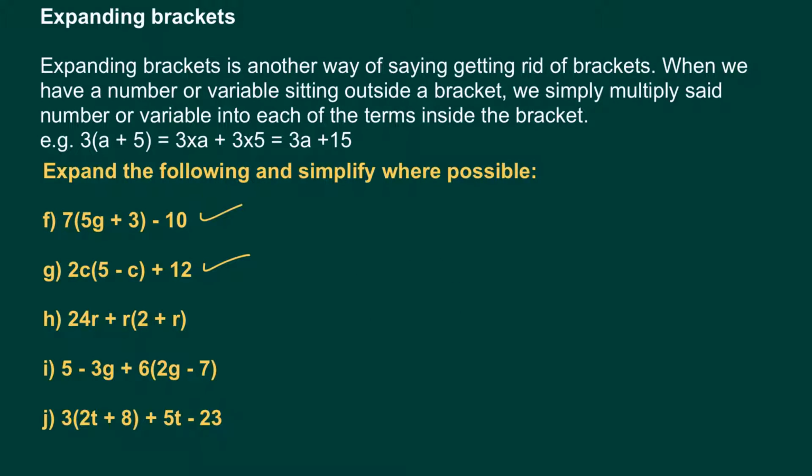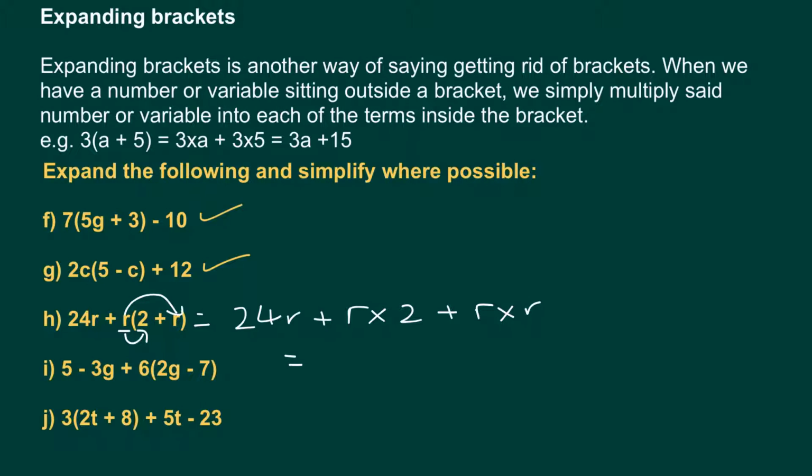Alright, so the third example now. We have 24r plus r, and then in brackets 2 plus r. So 24r stays where it is for now. Then we have plus r times 2, and then plus r times r. So we're simply taking this r and multiplying it to everything inside the bracket.